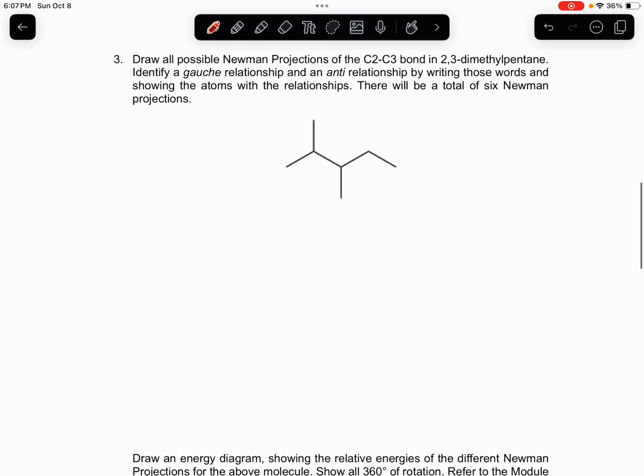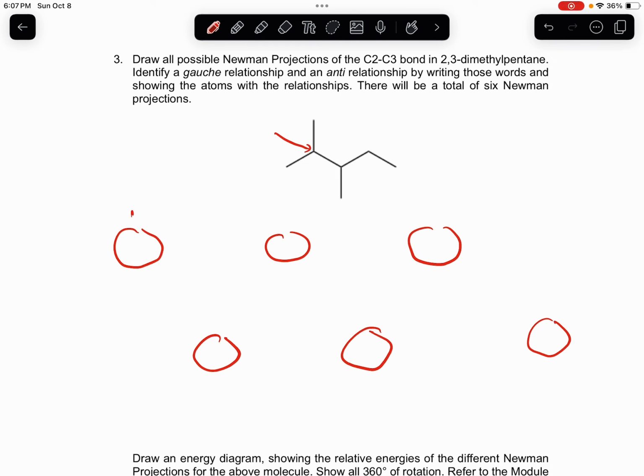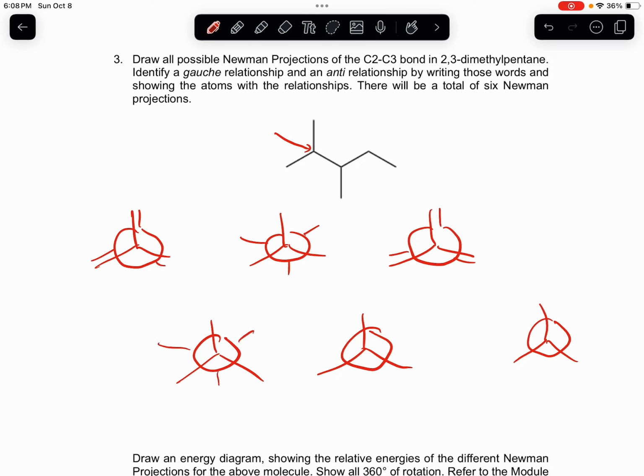Draw all the possible Newman projections of the C2, C3 bond, so we're going down there. So as I did in class, I'm going to draw some templates. I'm going to do it quick so I don't make this video too long. So we're going to start with an eclipsed, staggered, eclipsed, staggered, eclipsed, staggered.